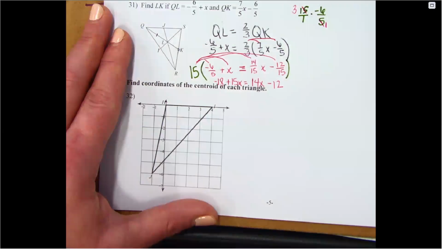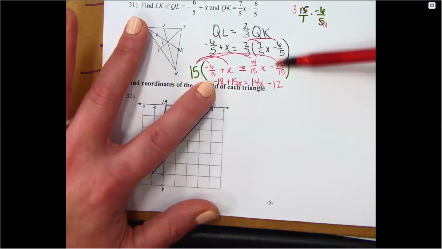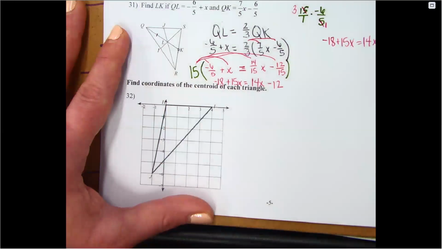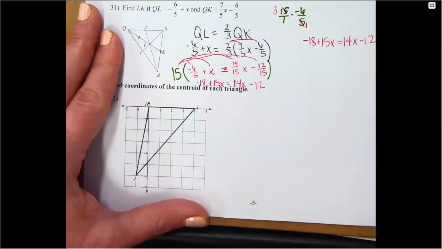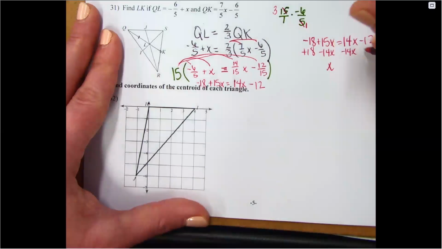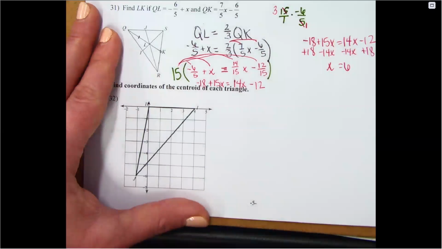All of this up here is a little hard, but now you just have -18 plus 15x equals 14x minus 12. That's not bad at all. I'm going to subtract 14x, which leaves just x, then add 18, which leaves 6. So x equals 6. Even though all this fraction yuck was very ugly, it turns out to be decent.